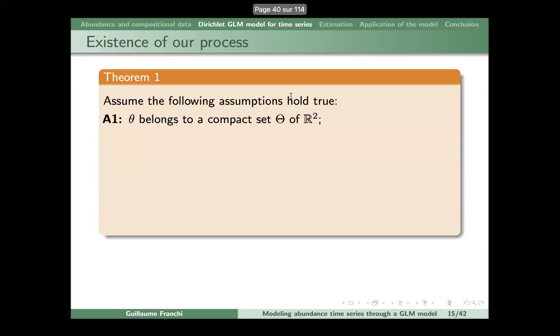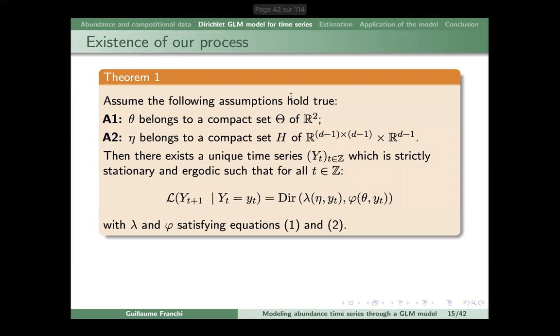If we make two quite reasonable assumptions, which are only compactness assumptions, that both theta and eta belong to compact sets, we can prove that there exists a unique time series yt which satisfies our dynamic mentioned previously. And this time series is strictly stationary and ergodic. So we know that this kind of time series exists.